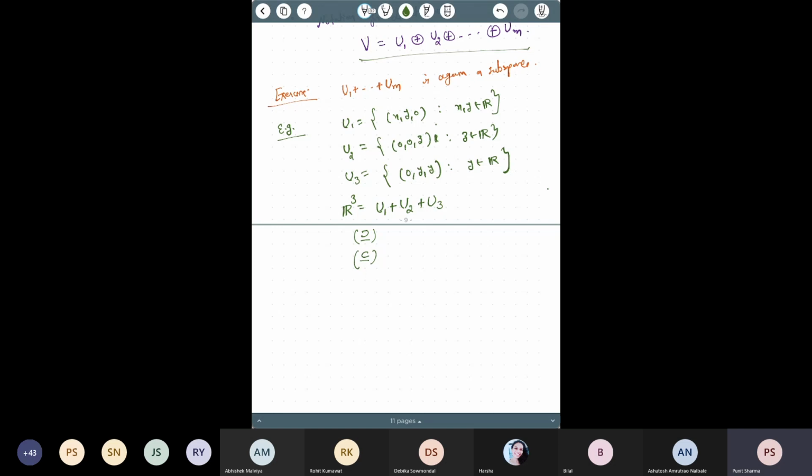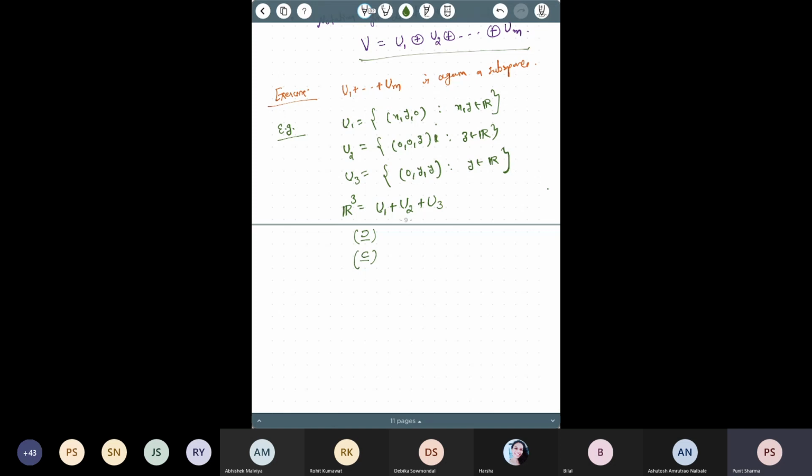So the first inclusion is straightforward, U1 plus U2 plus U3 is a subset of R3. In order to show that R3 is also a subset of U1 plus U2 plus U3, you take any element in R3 and show that it is there in U1 plus U2 plus U3.